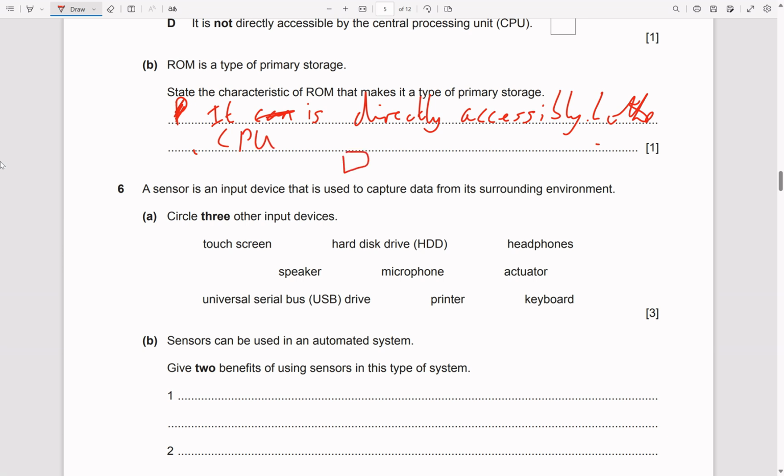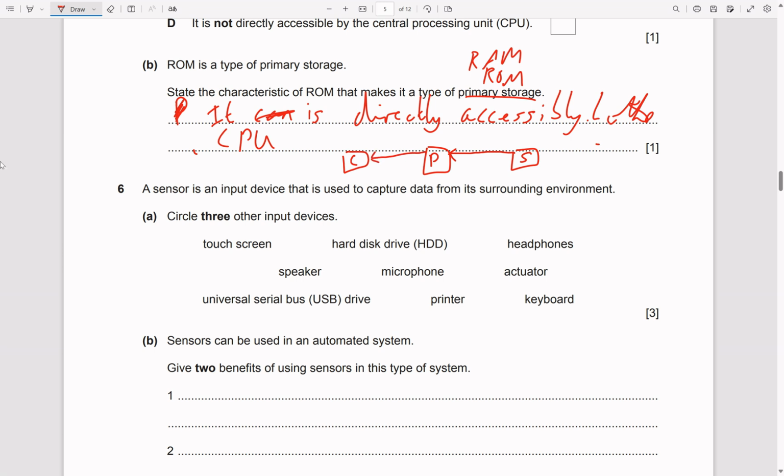Just to draw this again, here we have the CPU, here we have primary memory or primary storage. Remember, primary storage has two types, RAM and ROM. Then here we have secondary storage. In order to load something from secondary storage, first it has to be loaded into primary memory, which is going to be RAM in this case, and then from RAM it can go to the CPU.